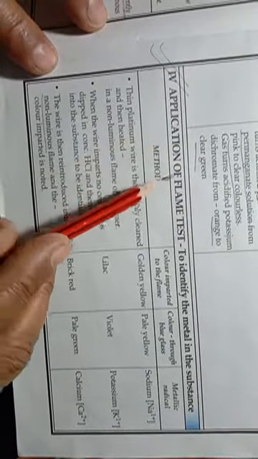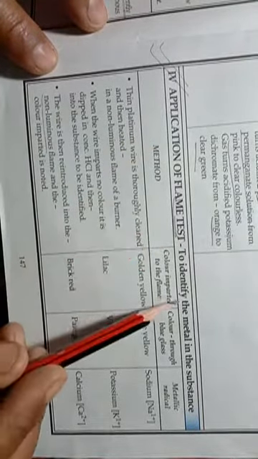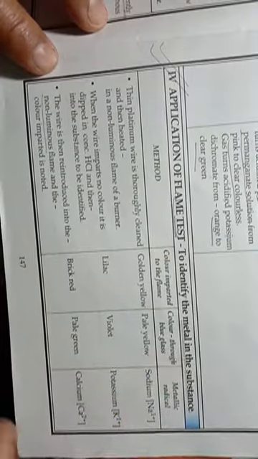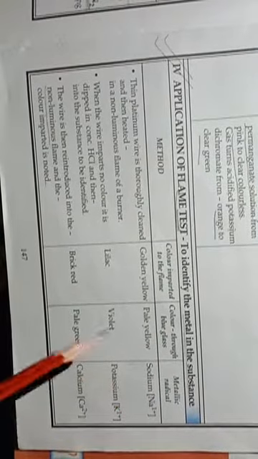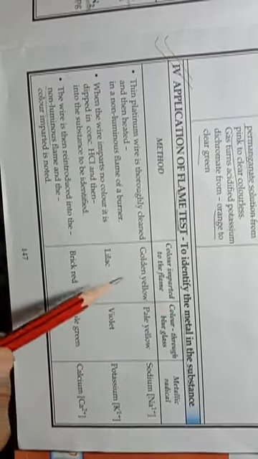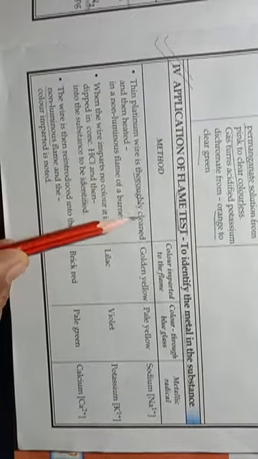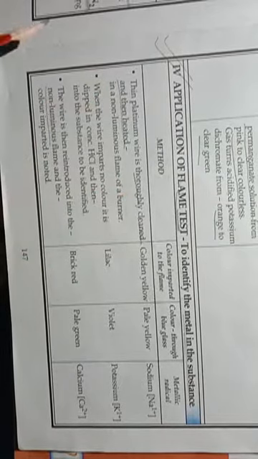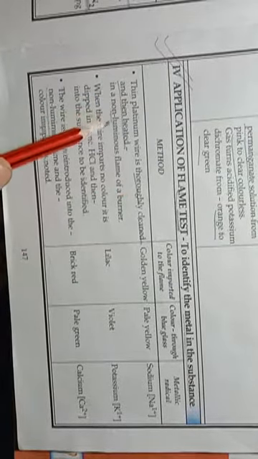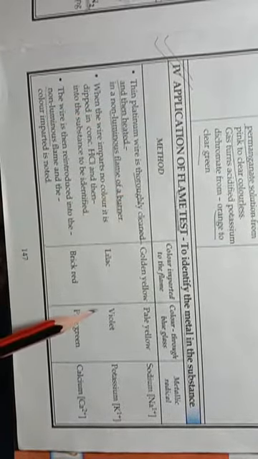The next is application of flame test to identify the metal in the substance. Okay, so to perform the flame test for a particular metallic ion, what is the process? First, a thin platinum wire is thoroughly cleaned and then heated in a non-luminous flame of a burner.